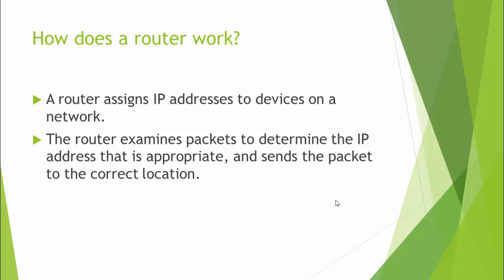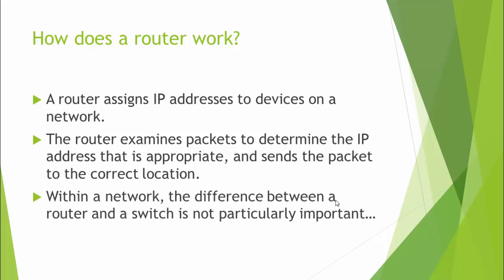The router will examine packets, determine the IP address that is the appropriate destination for that data packet, and send the packet to the correct location. Within a network, the difference between that router and a switch isn't all that important.